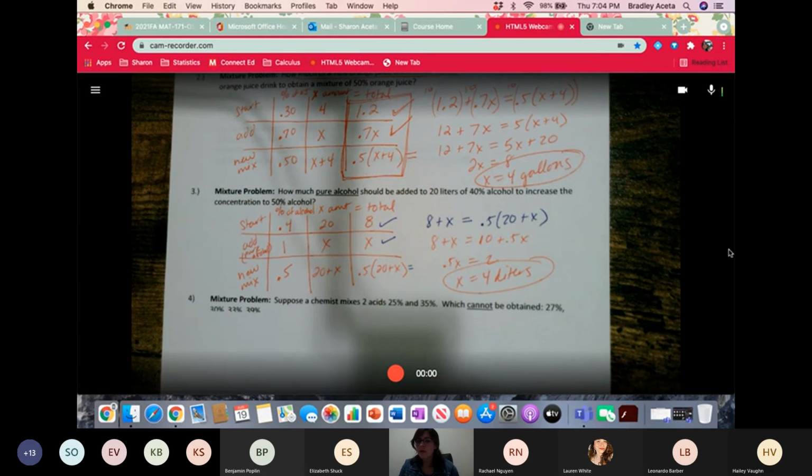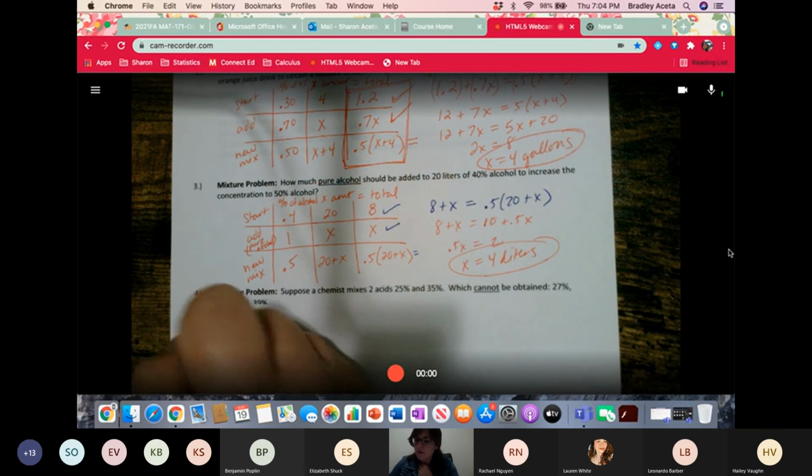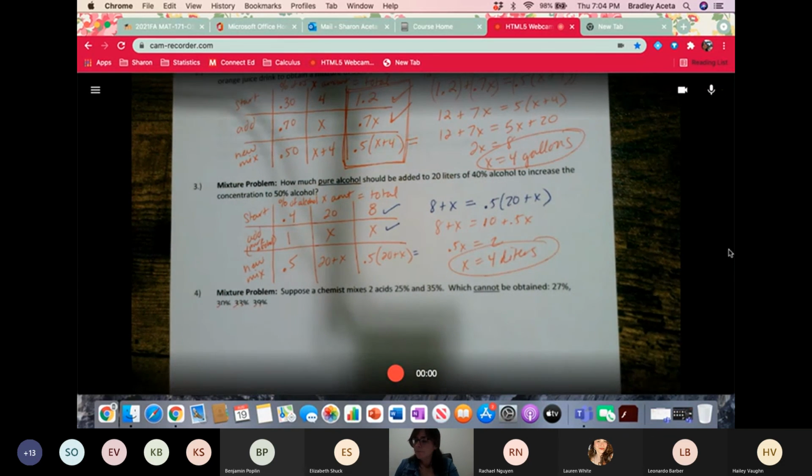All right. Now, they also asked this question I saw on my math lab. It says, suppose a chemist mixes 2 acids, a 25% acid and a 35% acid. Which of the following cannot be obtained? 27%, 30%, sorry, mine got cut off, 33%, or 39%? Which cannot?